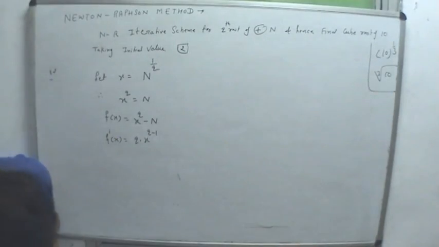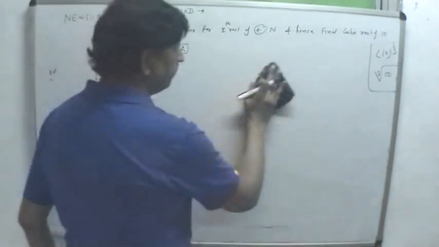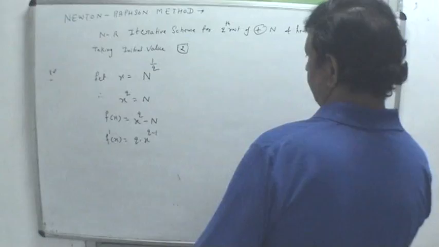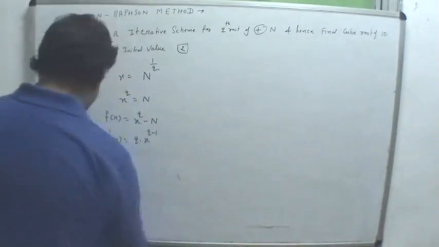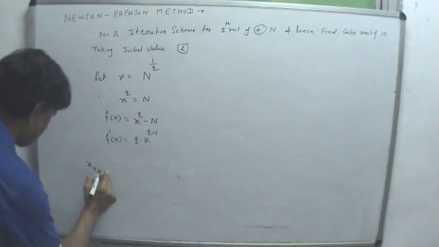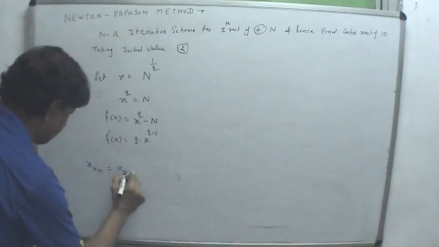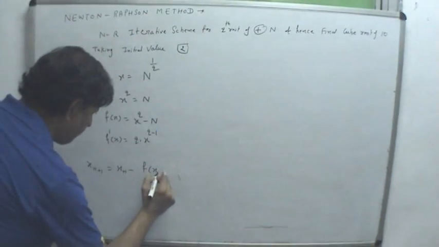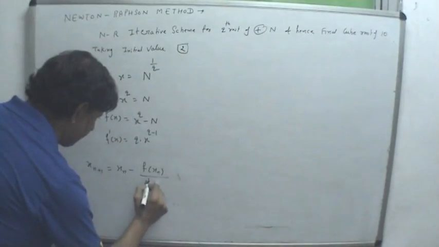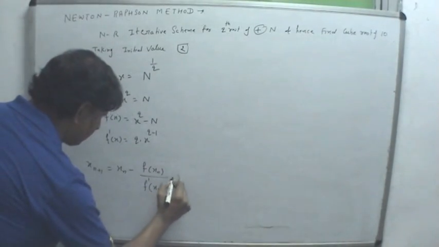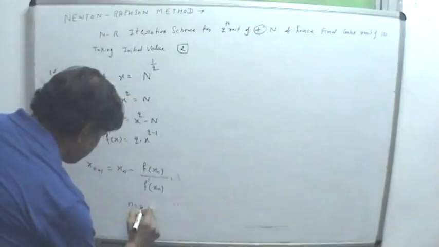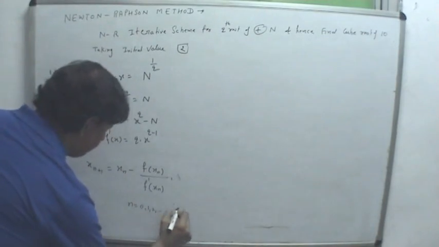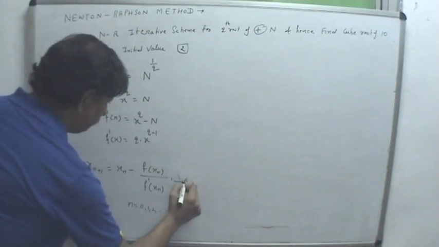Now we will follow the formula for the Newton-Raphson method, that was x n plus 1 is equal to xn minus f of xn divided by f dash xn, where n is equal to 0, 1, 2 and so on.